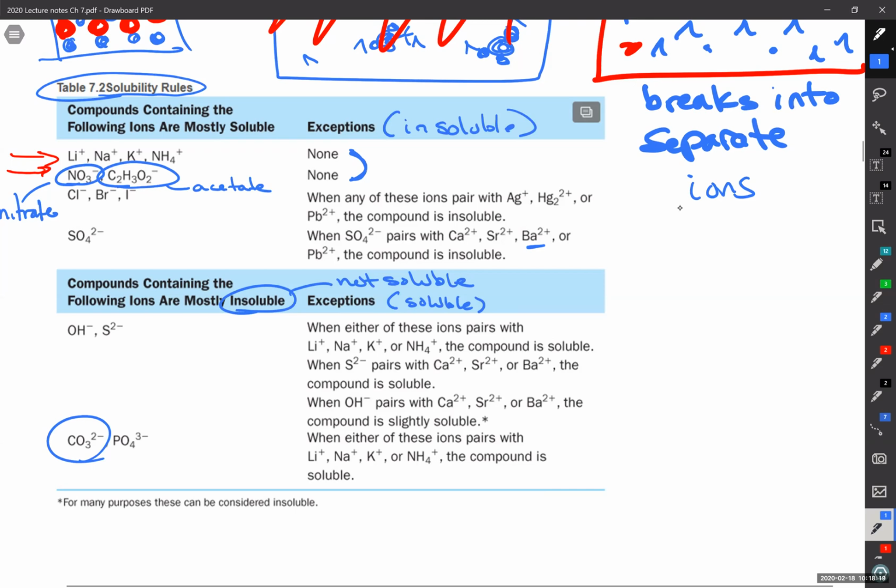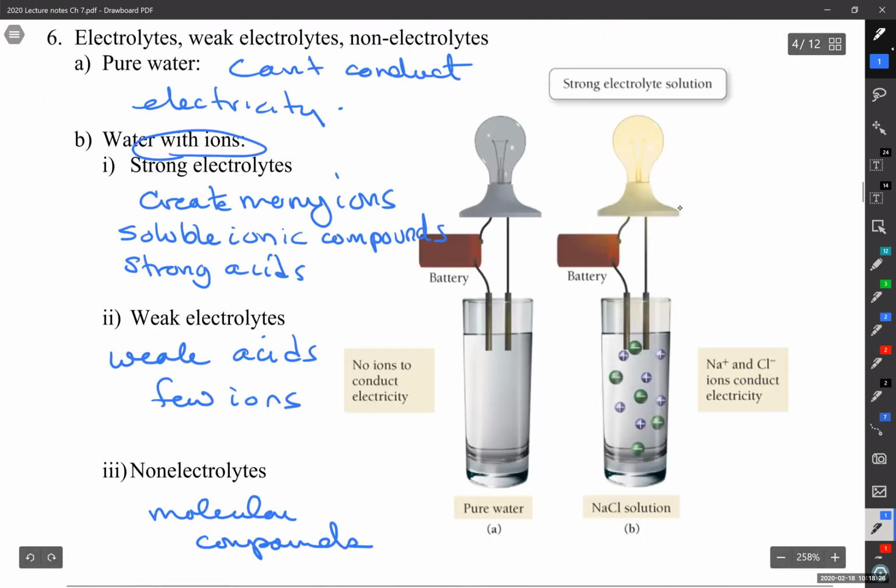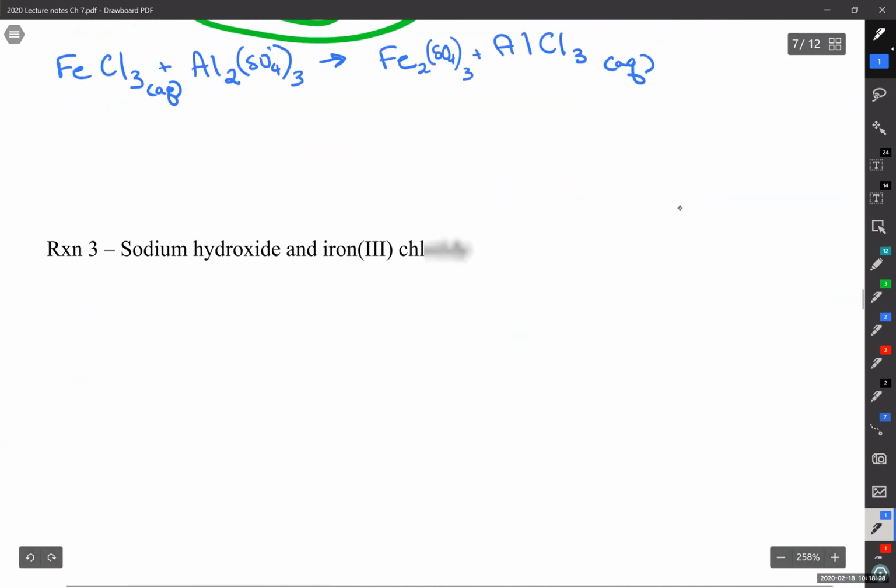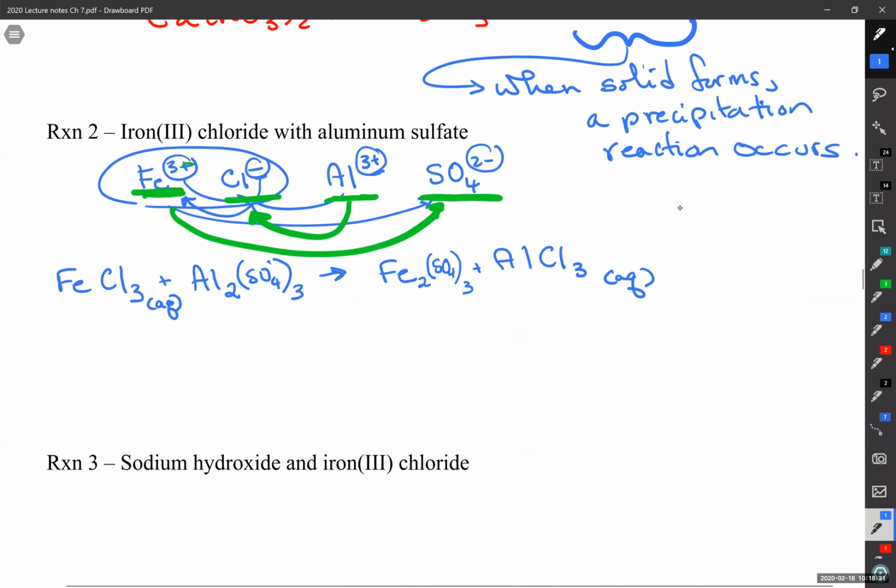So what do we have? We have aluminum and iron, so those are all aqueous as well. So this guy would be aqueous, and this is aqueous. Let's close it out. Did anything new form? No. These are all just ions floating around in the solution.